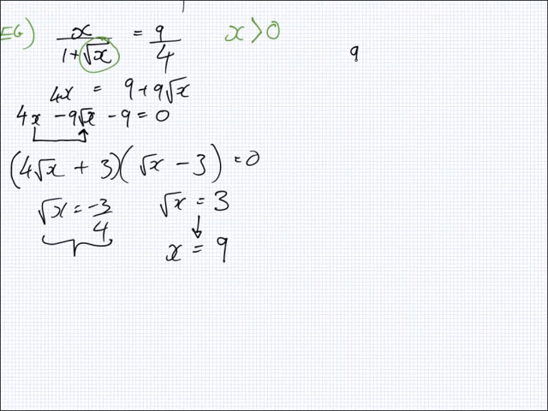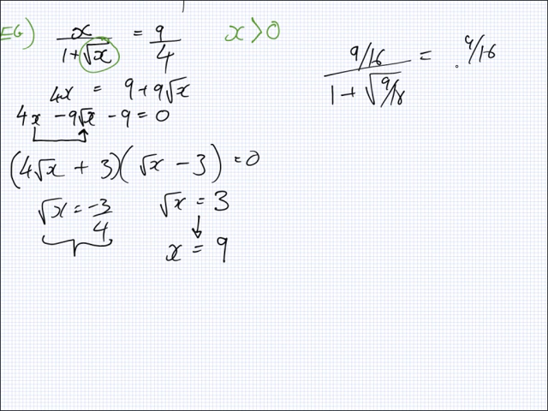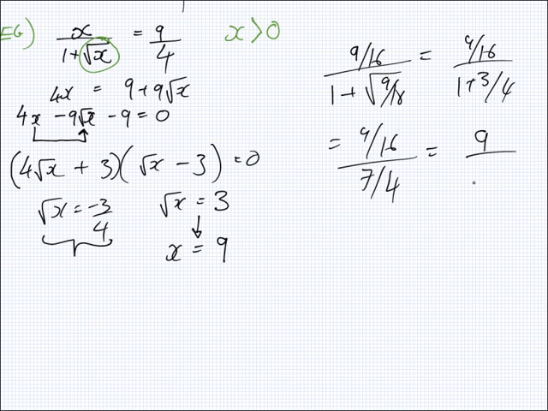answer. So 9 over 16 over 1 plus root 9 over 16, that should equal 9 over 4. So 9 over 16 over 1 plus 3 over 4, 9 over 16 over 7 over 4. I multiply the top and bottom by 16. So that'll be 9 over 28. Does that simplify?